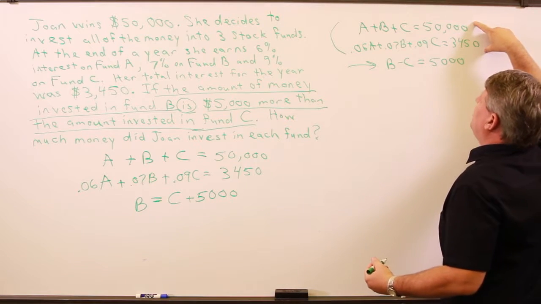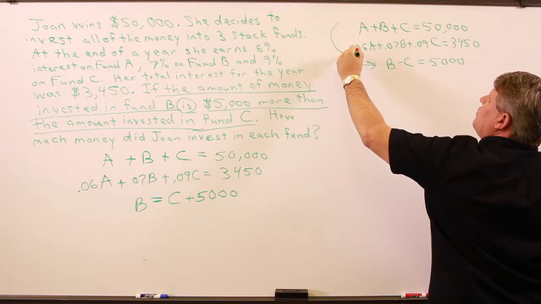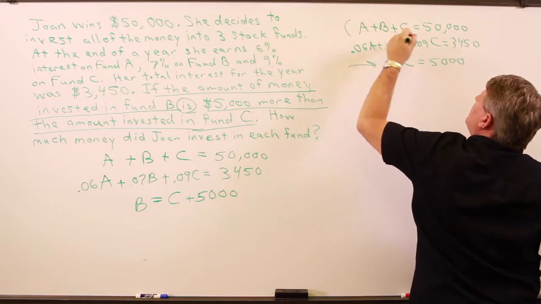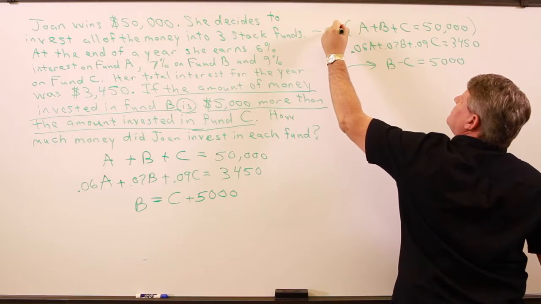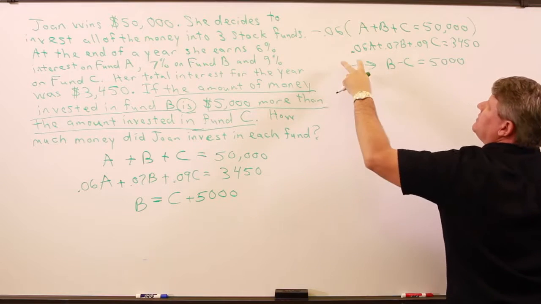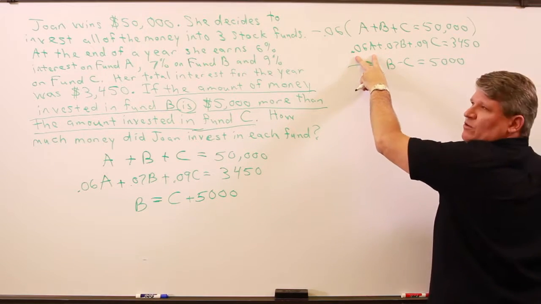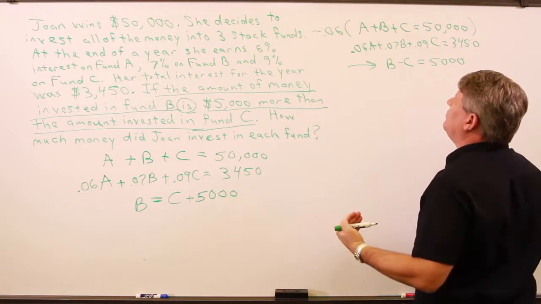So in order to cancel my A's, what I want to do is multiply my top equation by negative 0.06. Why negative 0.06? Notice negative 0.06a and positive 0.06a. When I add my equations together, the A's will cancel.